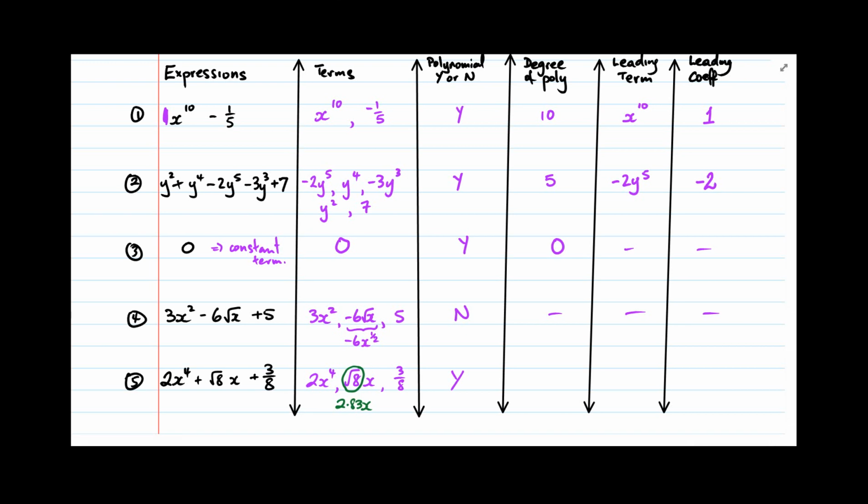Hence this is a polynomial, with nice whole number powers on the variable. The degree of the polynomial is 4, the highest whole number power. The leading term is 2x to the 4th, and the leading coefficient is 2.